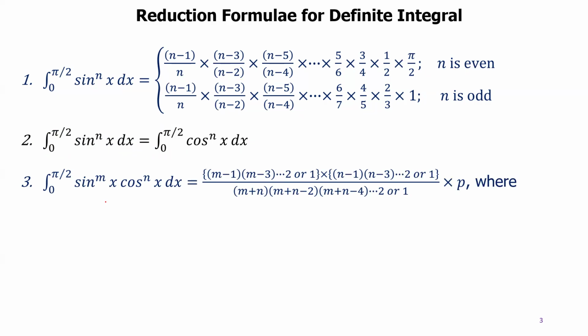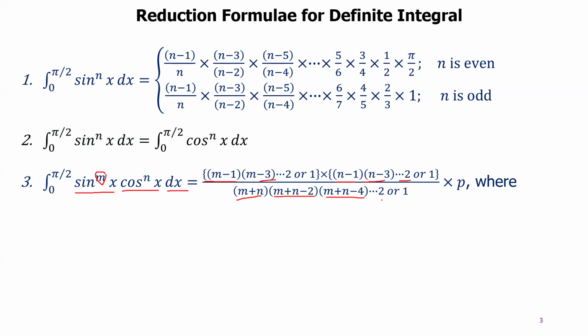Third definite integral formula is integration of sine to the power m x cos to the power n x dx under the limit 0 to pi by 2, which is equal to m minus 1, this is m. So first m minus 1, m minus 3, m minus 5, and it will end with either 2 or 1 based on the value of m, whether it is even or odd, multiplied by n minus 1, n minus 3, n minus 5 up to 2 or 1, whole divided by m plus n minus 2, m plus n minus 4, m plus n minus 6, and so on.